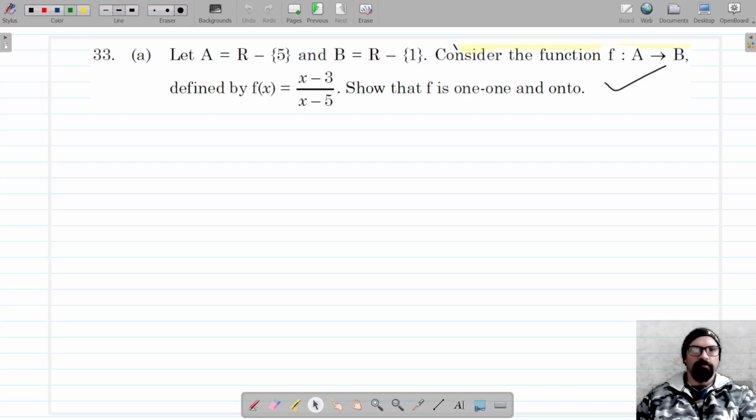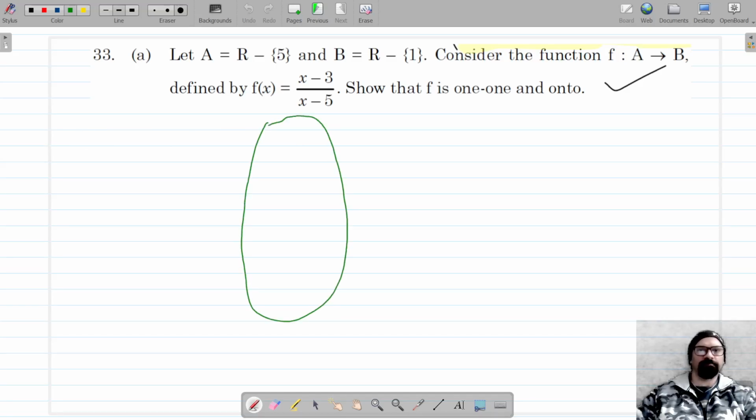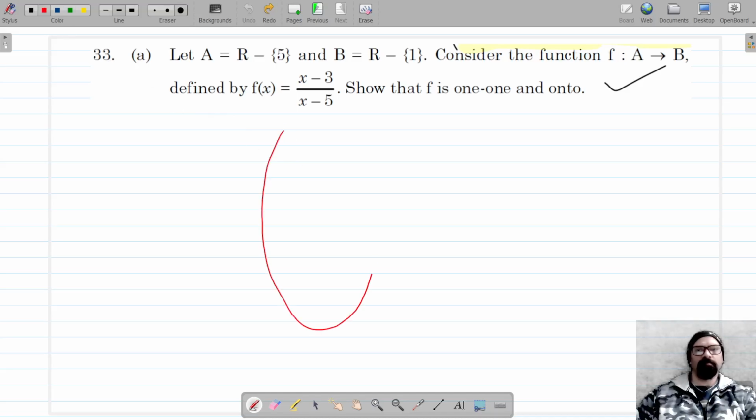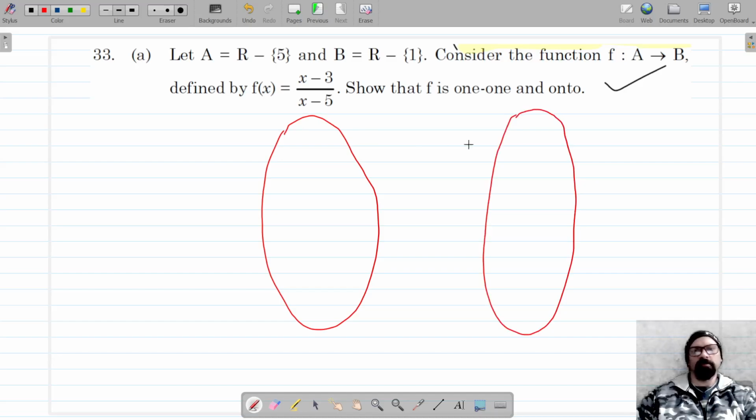Okay, for question number 33 part A, it's given that the function is defined from set A to B, and set A is all real numbers except 5, and B is the set of all real numbers except 1. So this is question number 33 part A, and this is our domain, and this is the codomain.